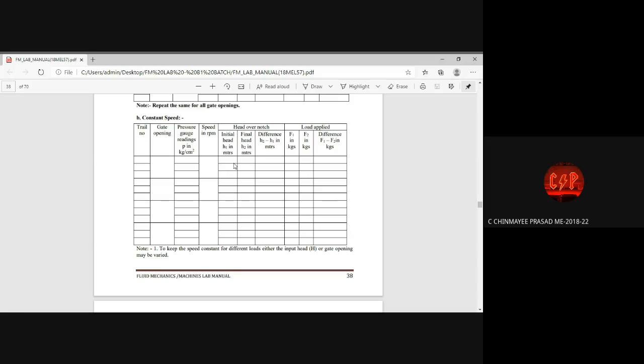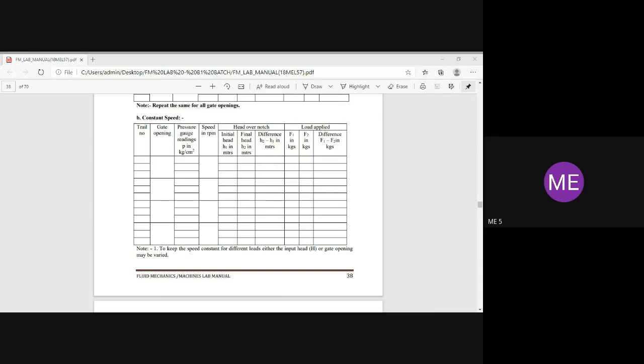Sir, for the second trial that you've given for the 180° gate opening, you've given H twice. Like the first trial, you've given speed as 973, and after that again you've given H, but before that you've given H1, H2, H3 values.